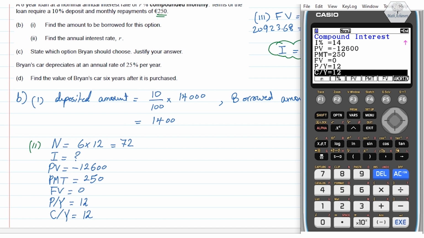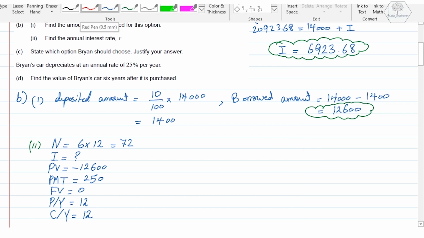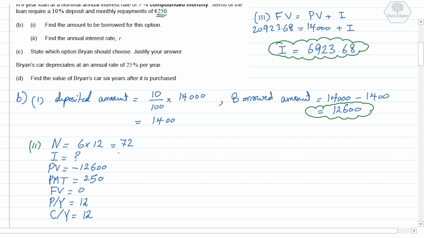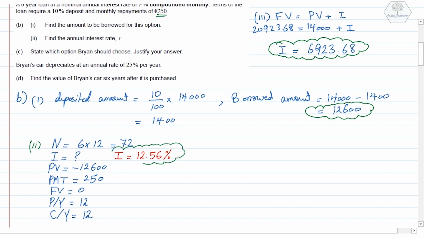And the unknown is the interest rate. So simply I press F2, which represents the interest. So the interest rate is equal to 12.56%. This is the annual interest rate.